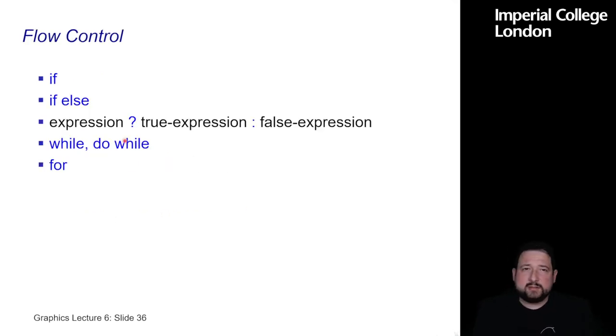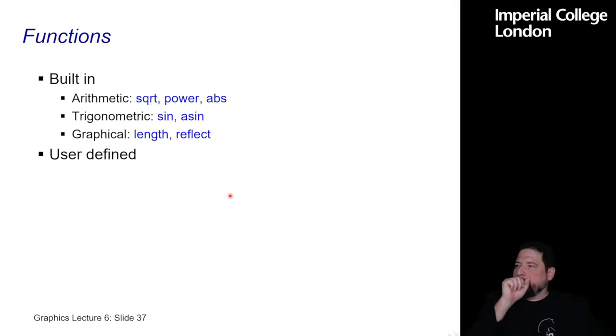So the control flow is as in any other language. We can use if and if else and while and do while and for loops. We can also do these kind of shorthand expressions. So all of that works pretty much like the programming languages you know. Inbuilt math is strong.